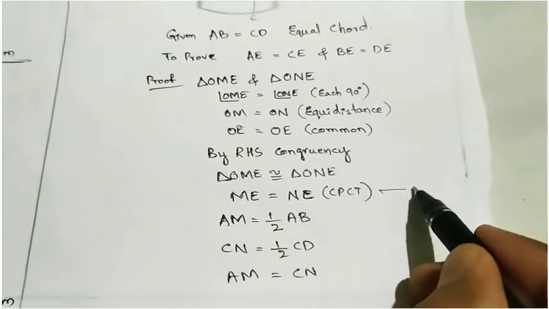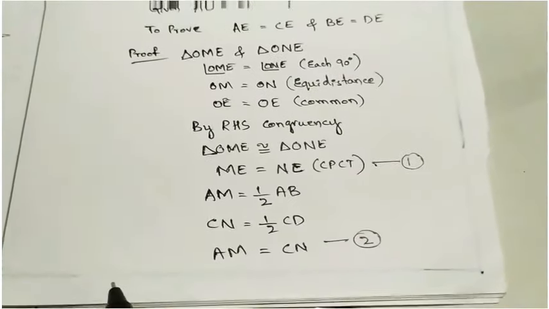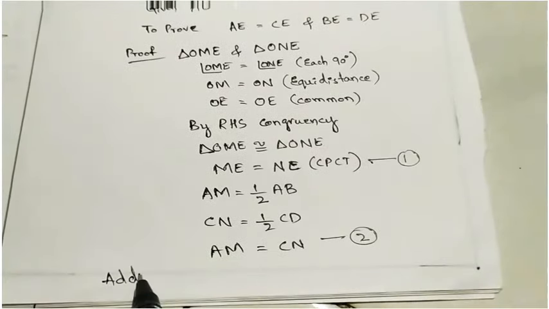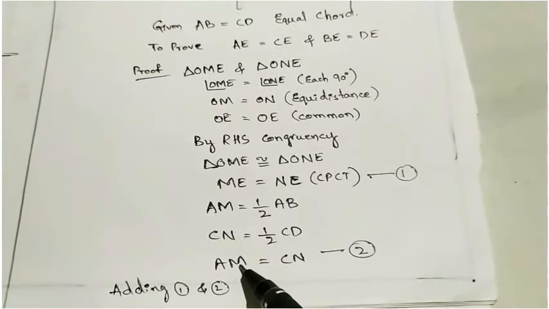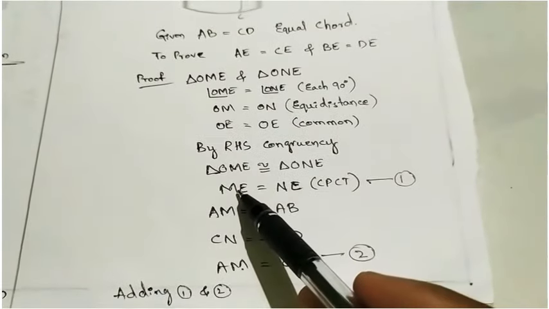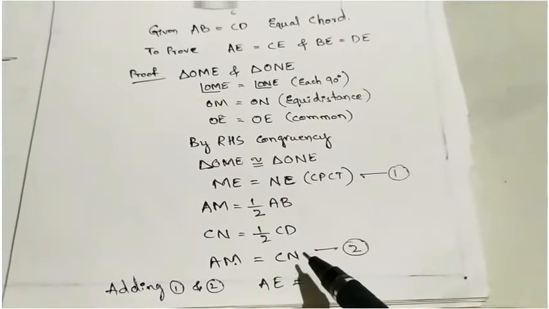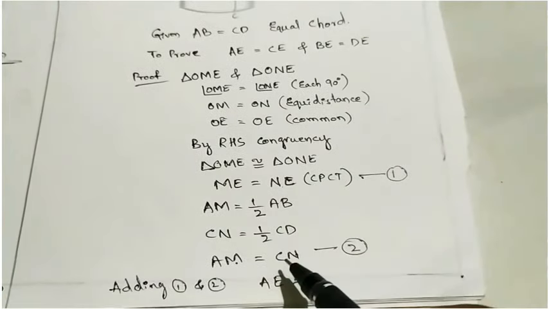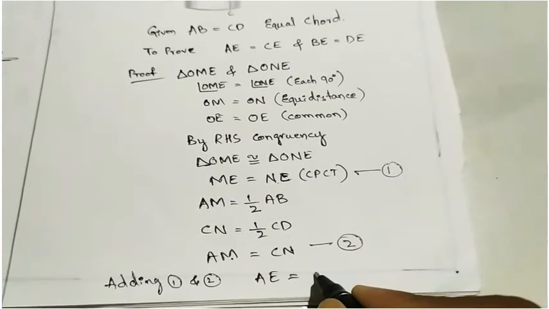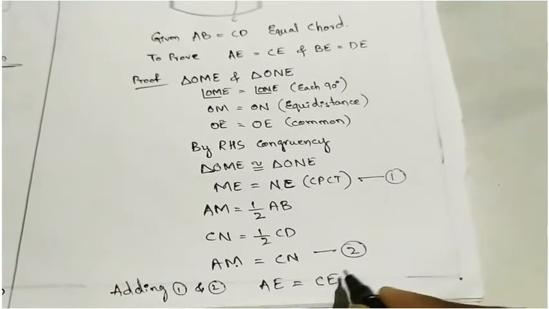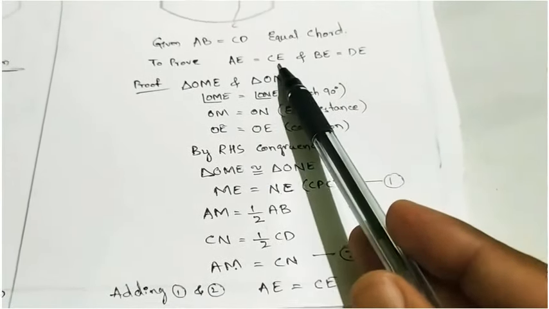I am taking this as equation number 1 and ME equal to NE as equation number 2. Adding 1 and 2, we get AM plus ME, which is AE. Similarly, CN plus NE gives CE. That is our first required proof, that is AE equal to CE.